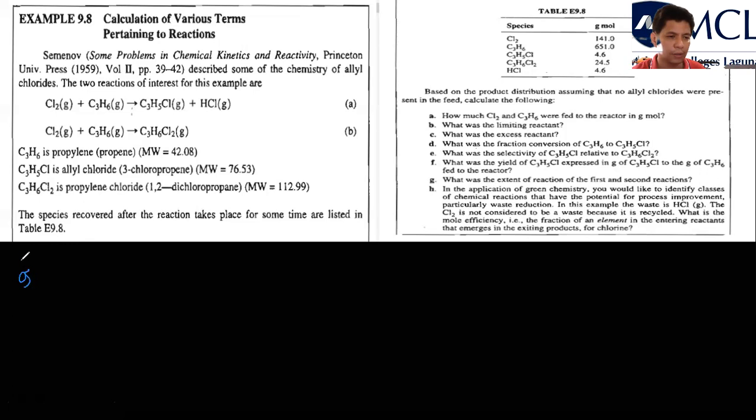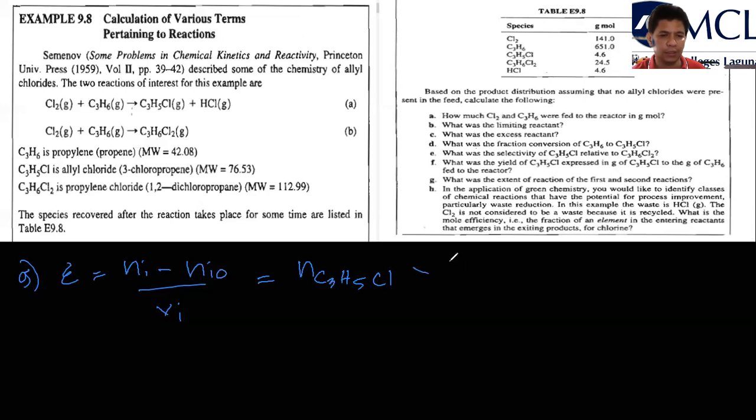Letter G. The formula for the extent of the reaction is n sub i minus n sub i0 divided by v sub i. In the case of reaction A, we're going to use C3H5Cl. It will be n of C3H5Cl minus initial n of C3H5Cl, divided by v sub i.